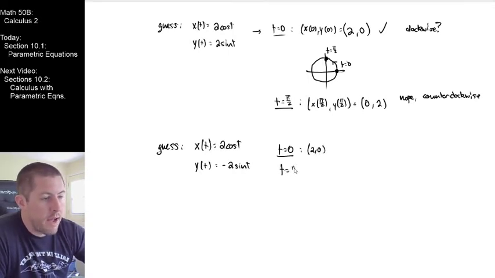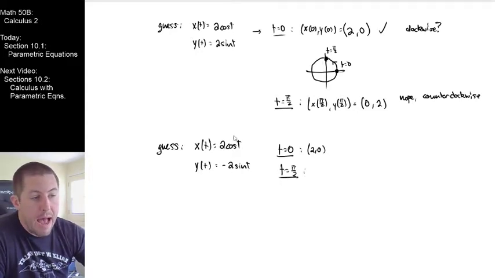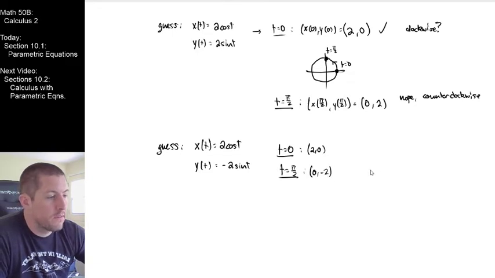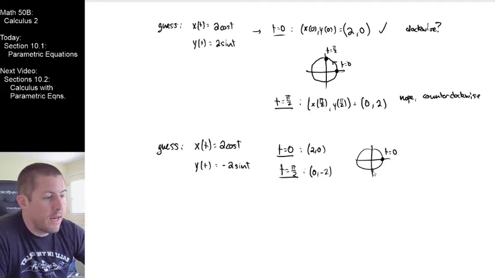Now when I plug in pi halves, I'm getting 0 and negative 2. So we started at (2, 0) at time 0, and now at pi halves, we're down here. So now I feel good that we are, in fact, going in the clockwise direction.